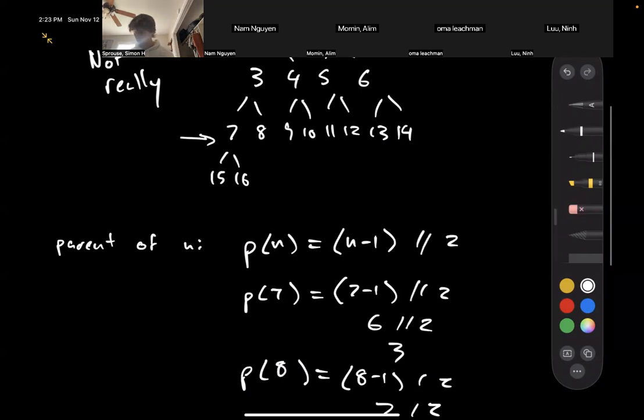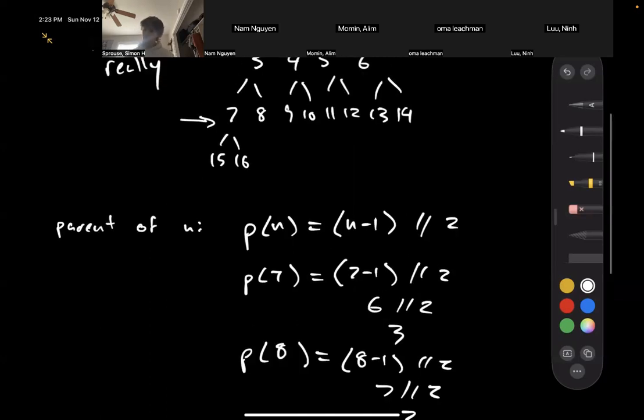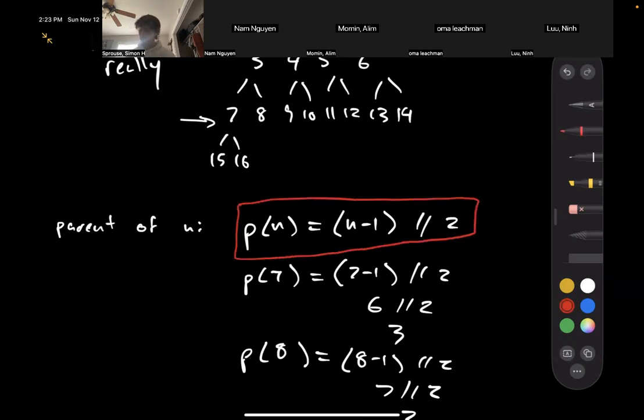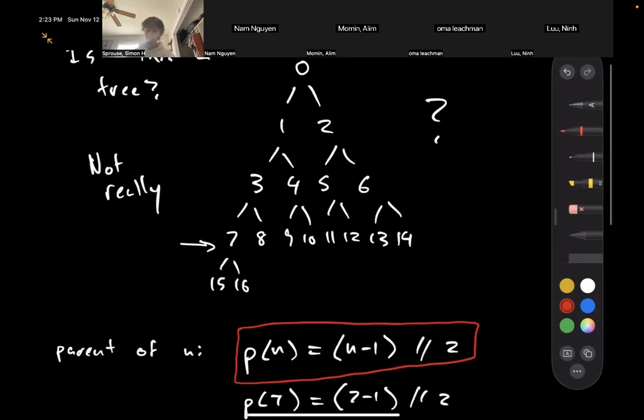So that doesn't change this first formula. 7 floor division 2 is going to be 3, and once again we found the parent. So given that we've got this equation right here, we've got this relationship that will tell us where the parent is given the node that we're looking at. Do we really need pointers? Like, do we really need a tree structure?